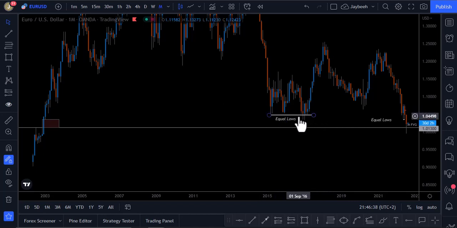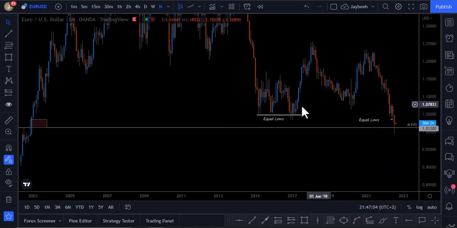So as there is liquidity and there is a gap that was left here, in the months of November, December, January, there was a gap left here. I knew that the market will come and balance this gap before we can look for another setup.